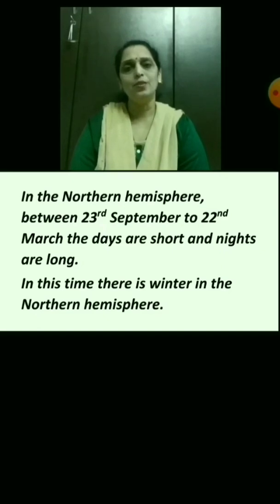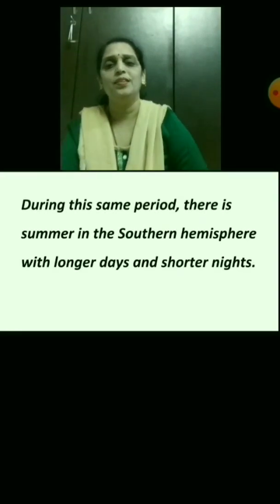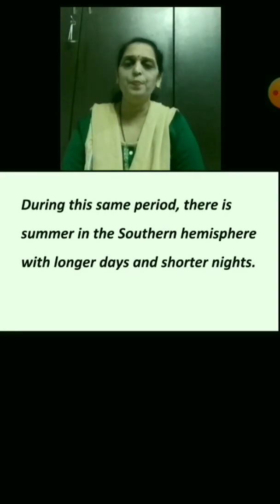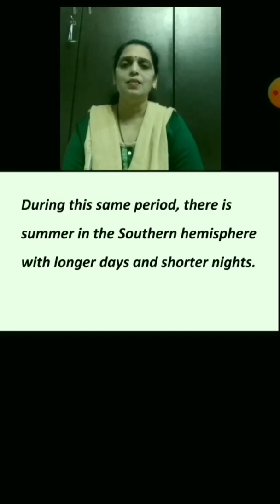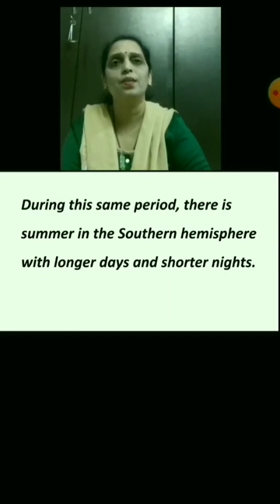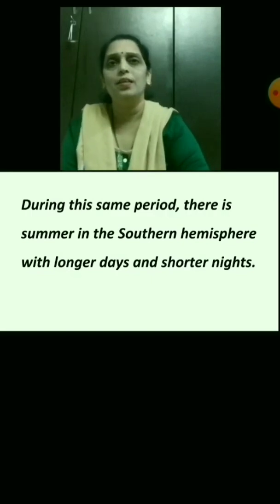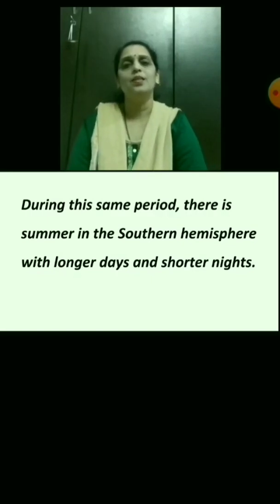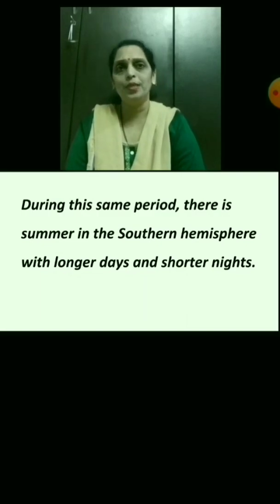And the next is, during this same period there is summer in the southern hemisphere with longer days and shorter nights. Yes, because students, the southern hemisphere gets more heat and it is summer there.